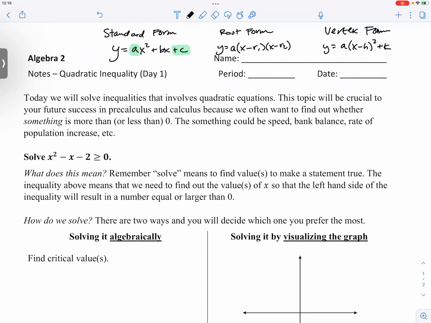Okay. Now, since I haven't seen you for about a month, I'm going to ask you for a simple word. Do you still remember what the word solve means? The value or values that make a statement true. Okay, like I said, a lot of people don't know this word, and that's why they keep on struggling in math.